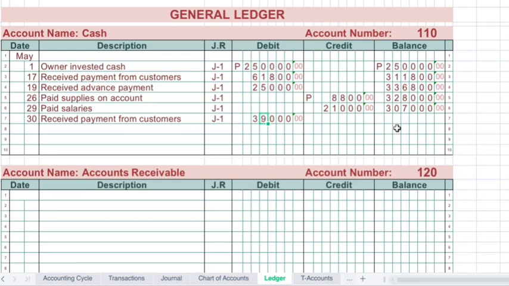Okay, so we will add 39,000. So 307,000 plus 39,000 is 346,000.